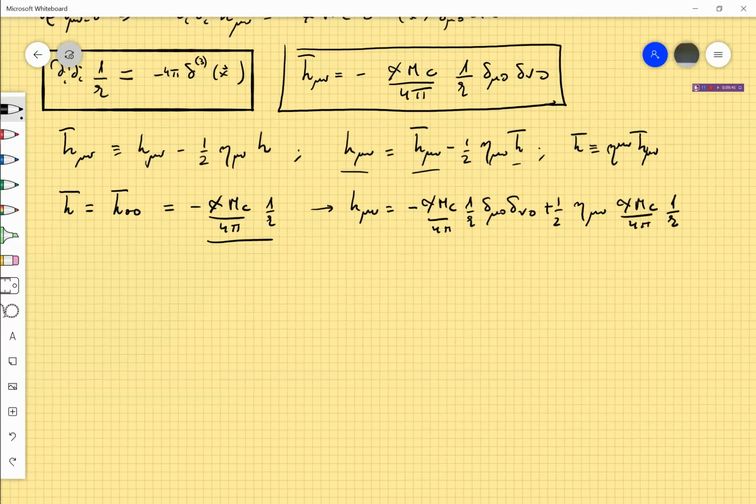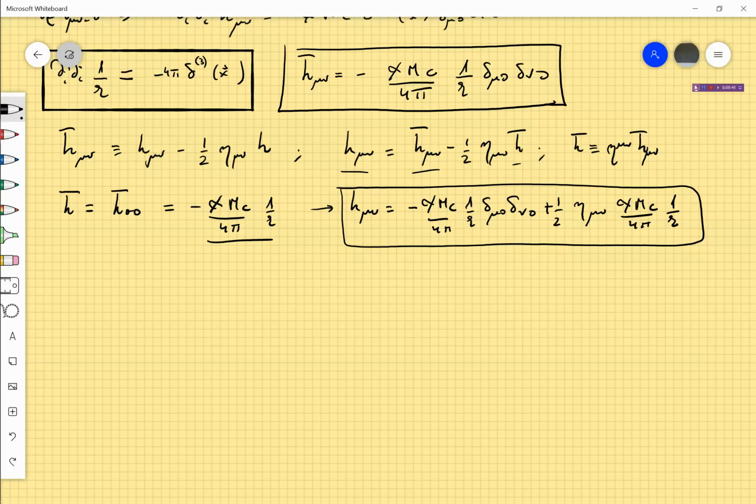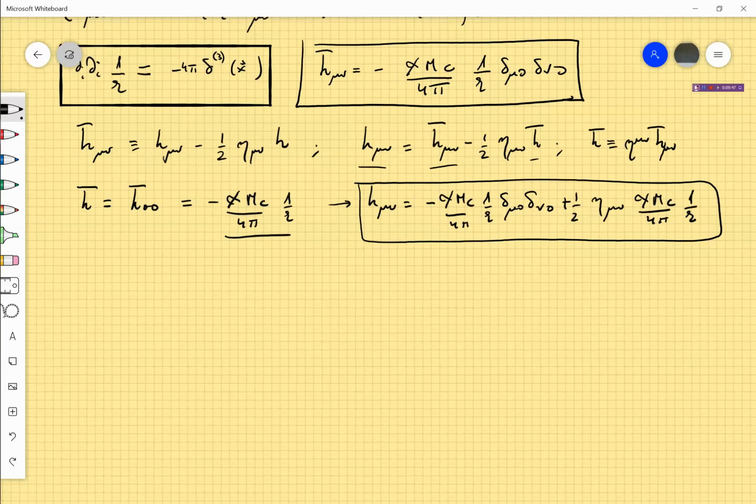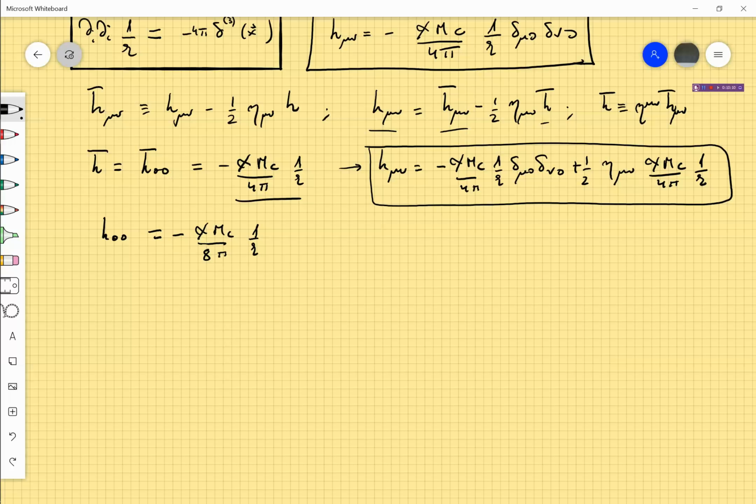This is the result, and probably now we want to write the components, because we will get some simplification. So h 0 0 is minus chi mc divided by 4 pi 1 over r plus a half of the same, so you have minus 1 over 8 pi.